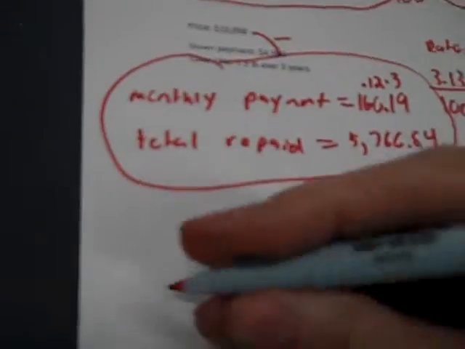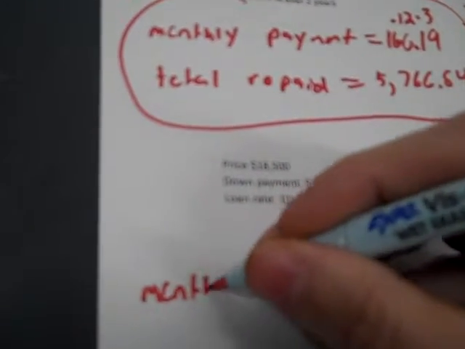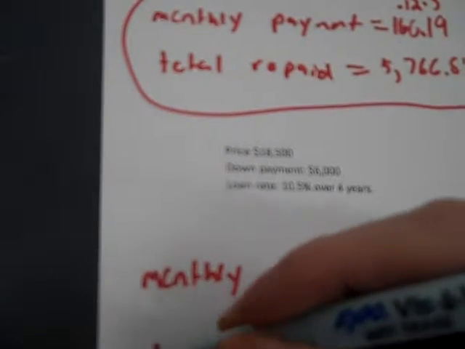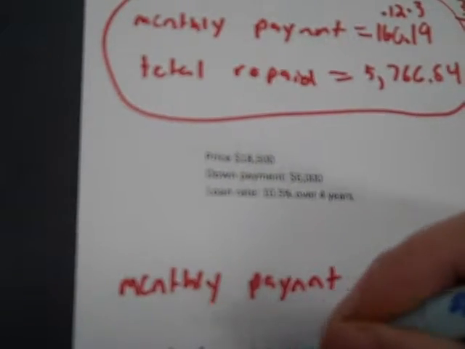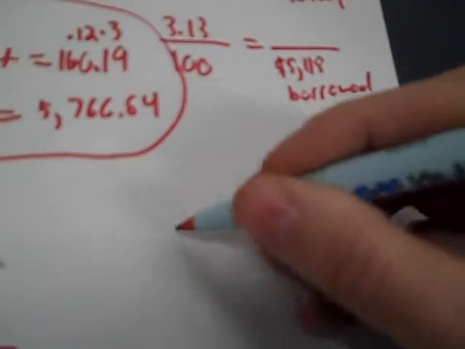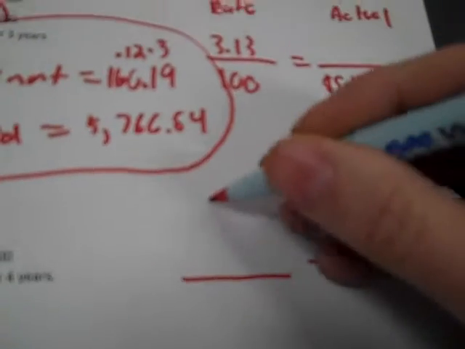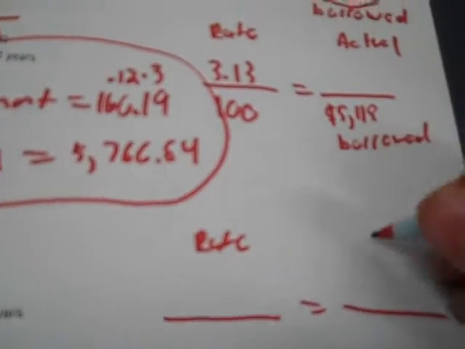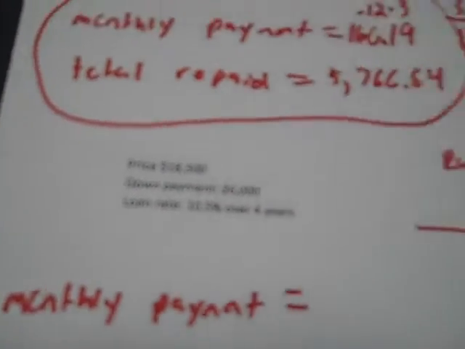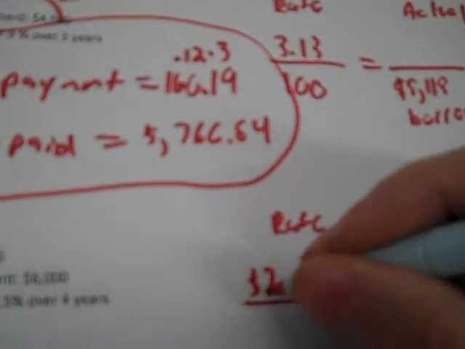Okay, my next problem, again, monthly payment and total repaid. Okay, so there's my rate and there's the actual. Okay, the rate is 10.5% over 4 years. So 10.5, 4 years is 2.56. And it's per 100.